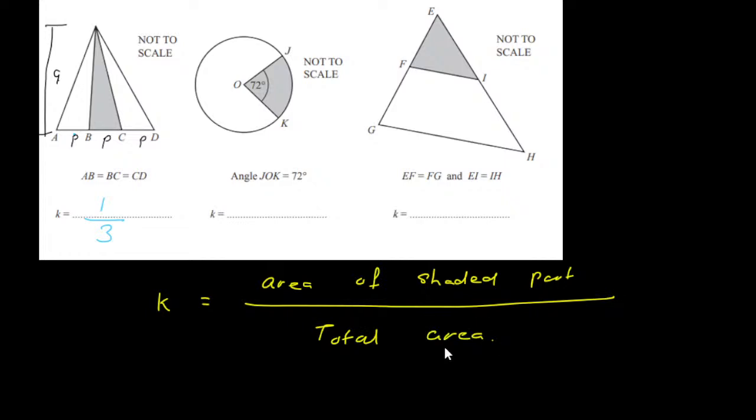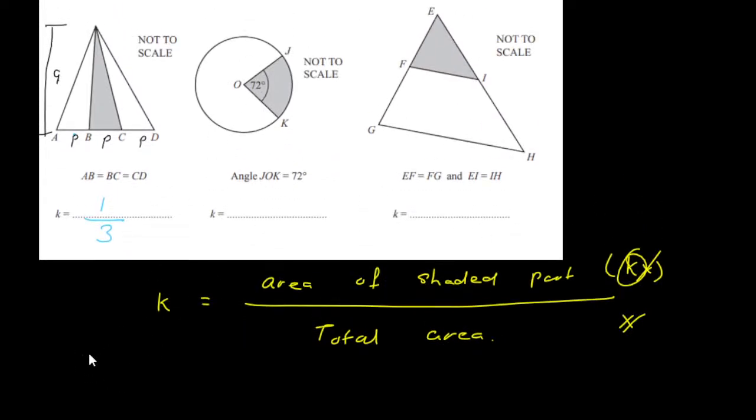This is what k is. You can see this is your kx and this is your x. So x will cancel, and k is nothing but the area of the shaded part upon the total area.